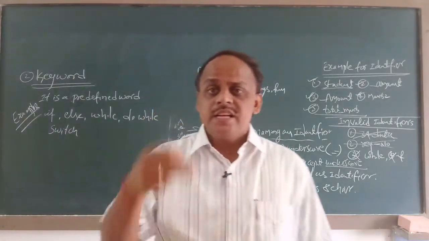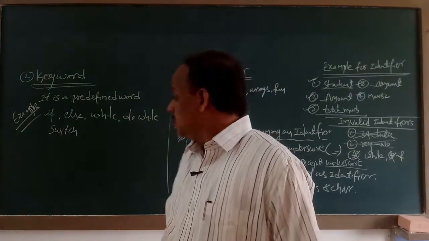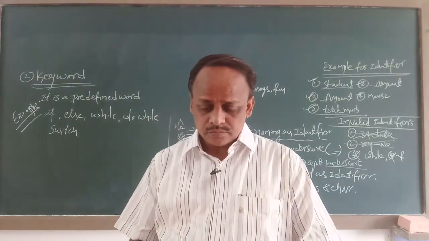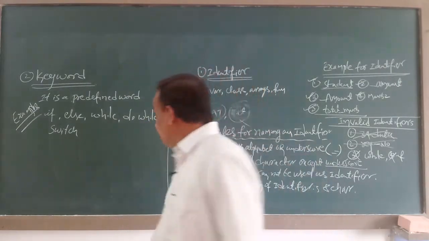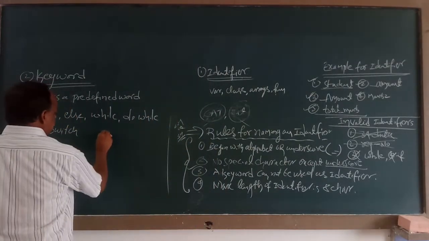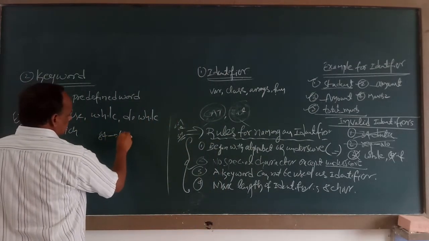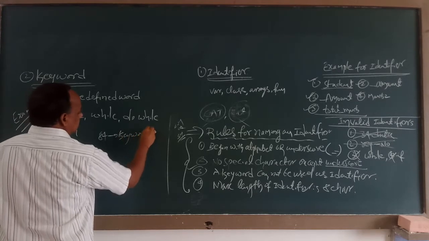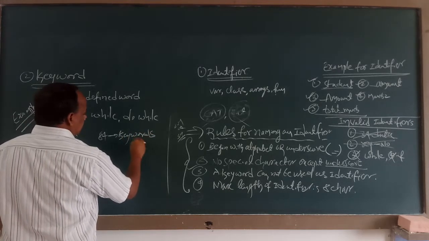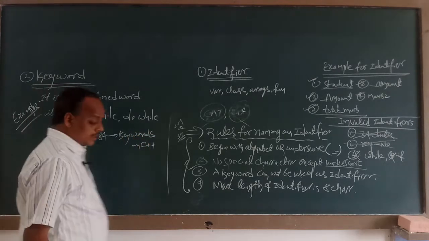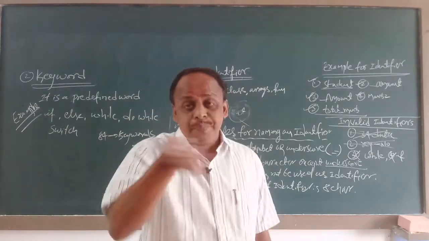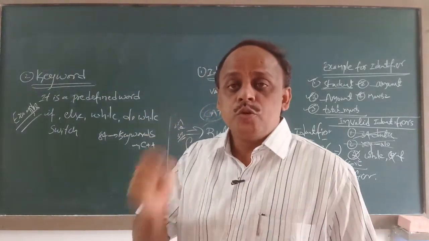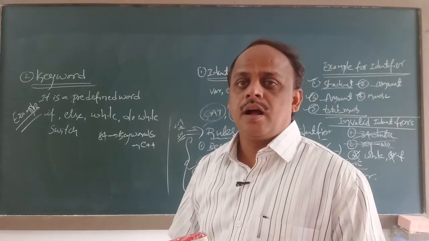So if, while, do while, for, like this, there are 84 keywords in C++, right? So these are predefined words to do some operation.